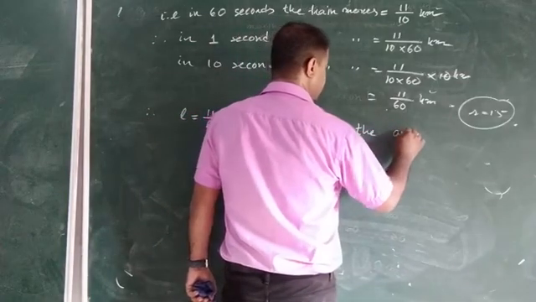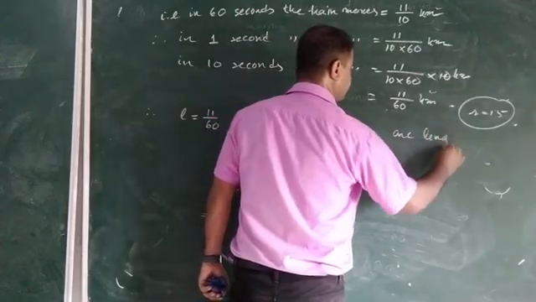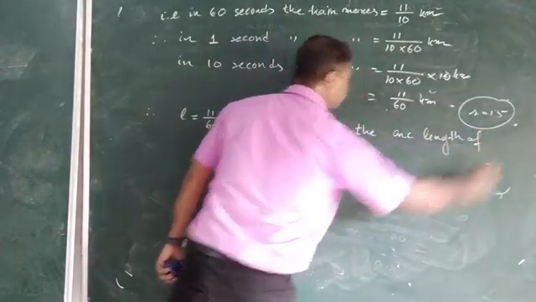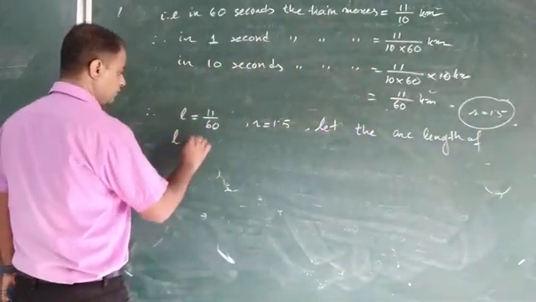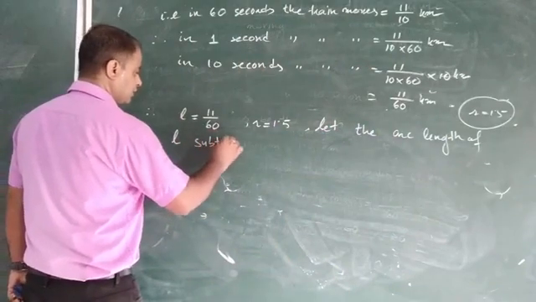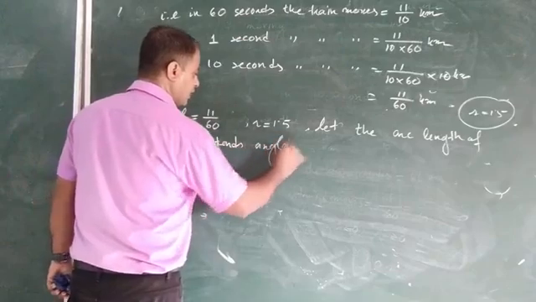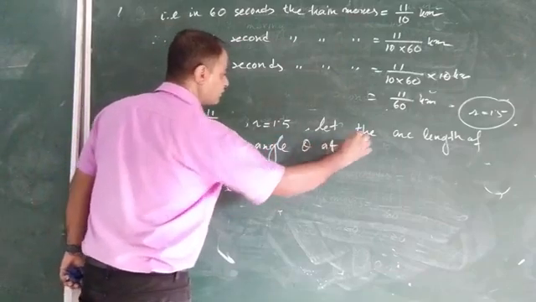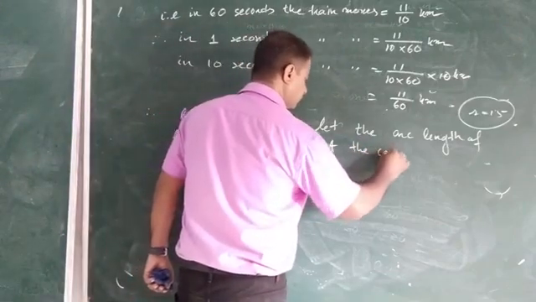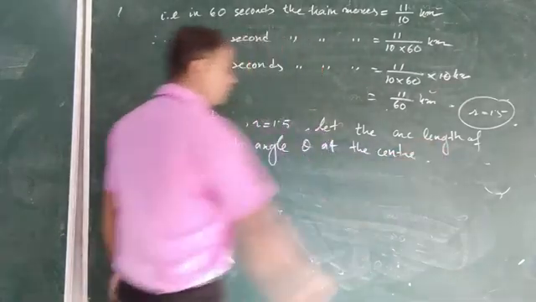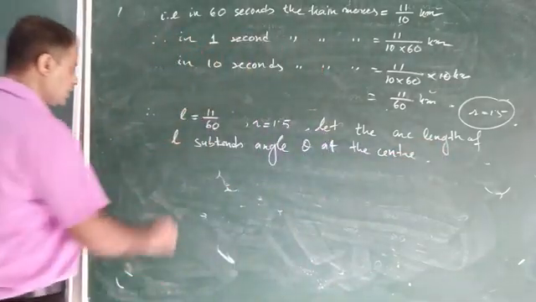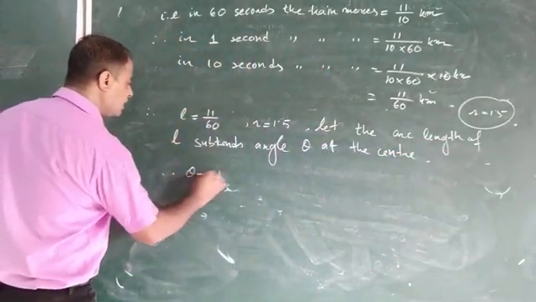Let the arc length L subtend angle theta at the center. Therefore, theta equal to L by r.